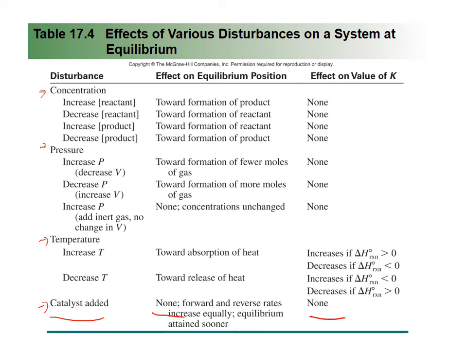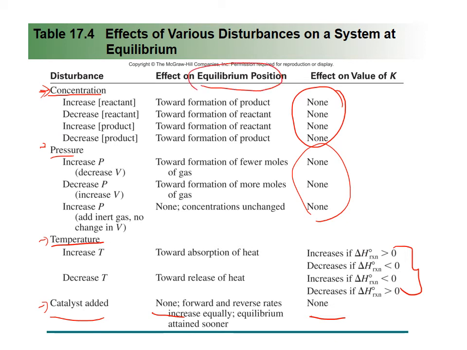When concentration changes, there's no effect on the K constant. Only temperature affects the K constant. Pressure has no effect on the K constant. However, when you change concentration, it does affect equilibrium position. Note the difference. K is a constant, but the position may change.